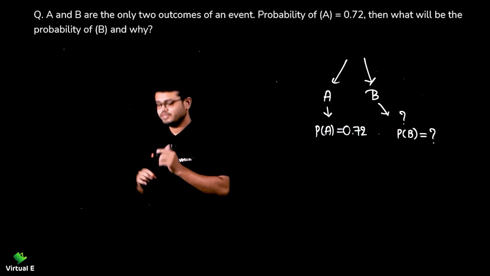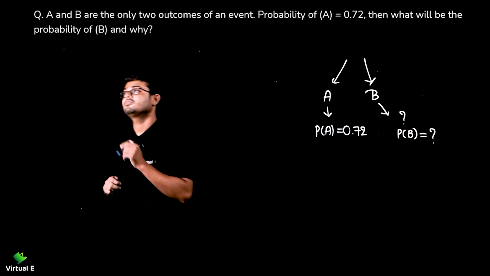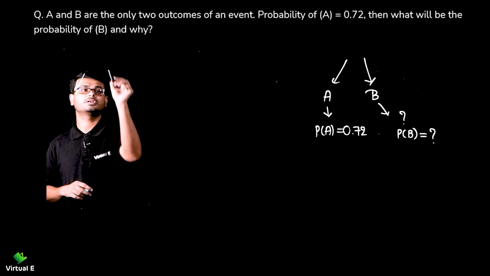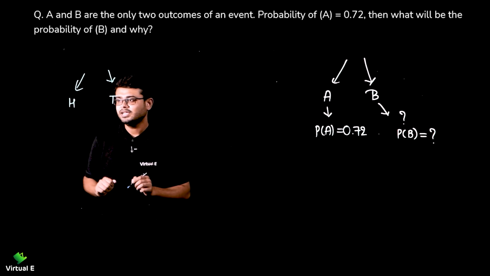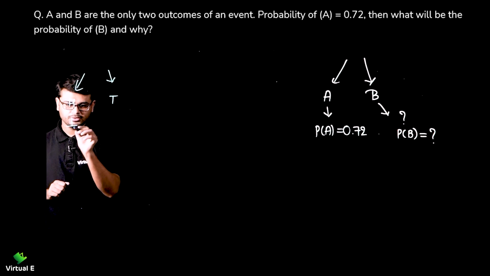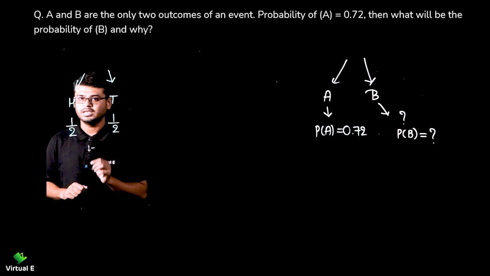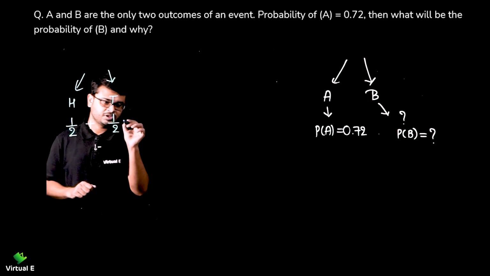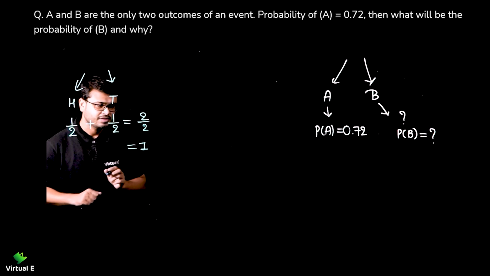Let's start with the case of the coin only, right? For the coin, we know there are only two outcomes, head and tail. Now the probability for the head is 1 by 2, we know very well, and for the tail is 1 by 2 as well. Now if you add them, you are going to get 2 by 2, that is 1, right?